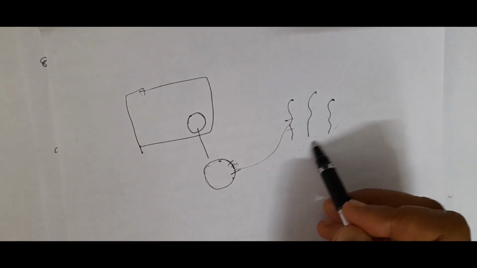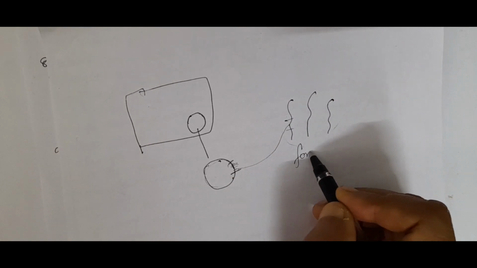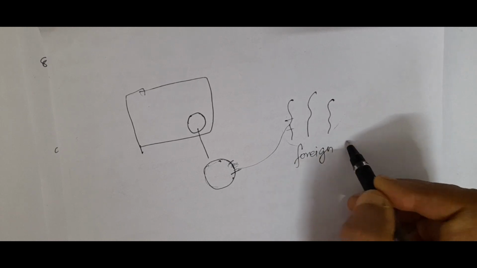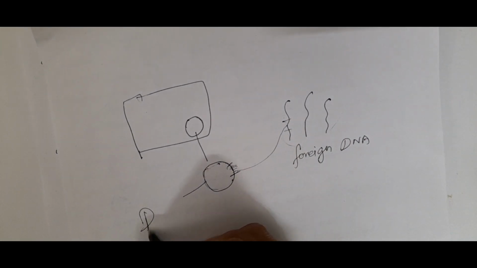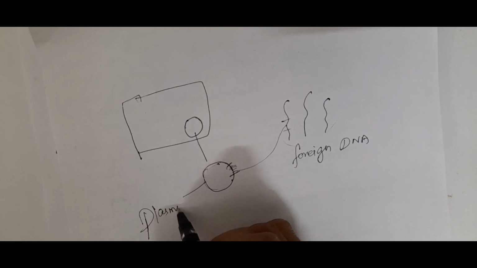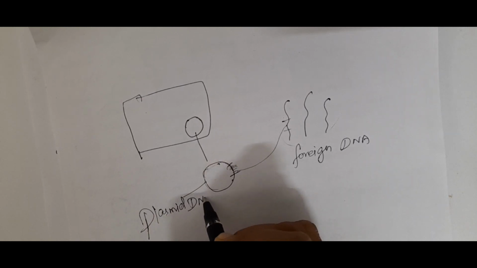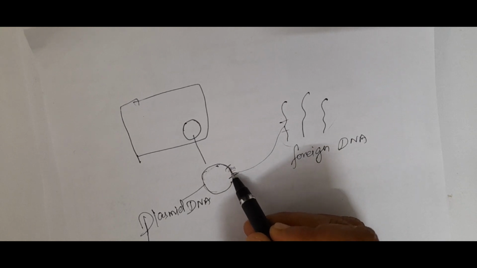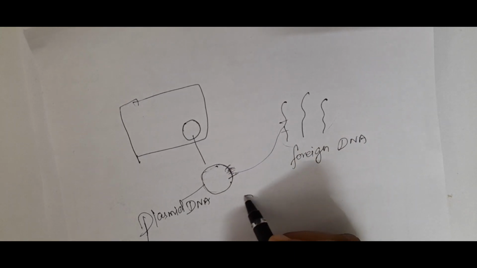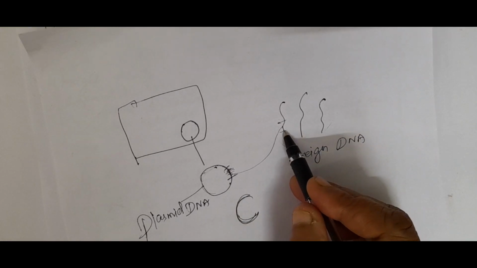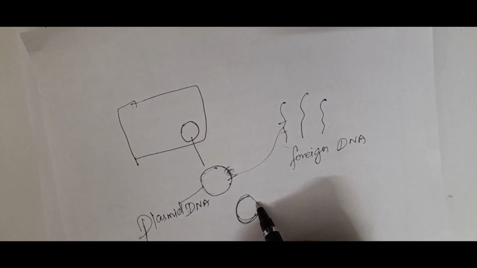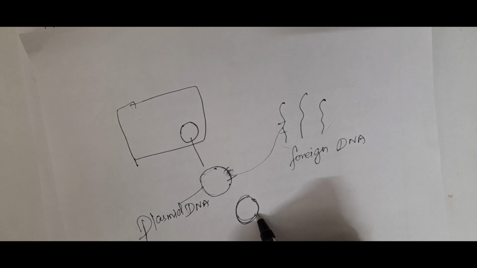So this is the foreign DNA, and this is the plasmid DNA. This particular part is removed, so this is the carrier DNA, with which we are going to join this alien DNA or foreign DNA.